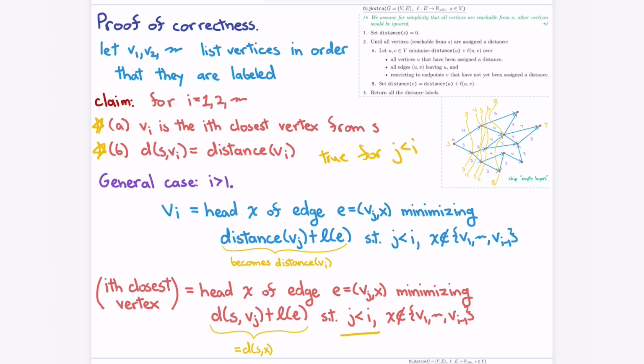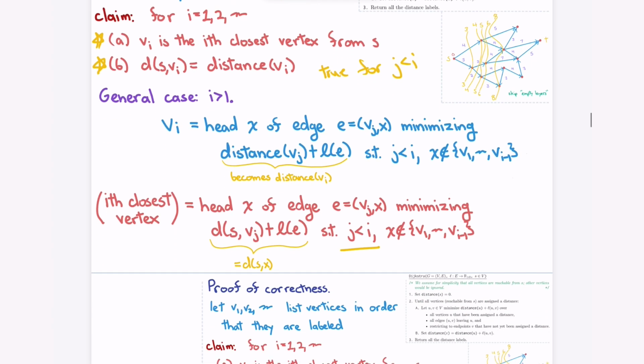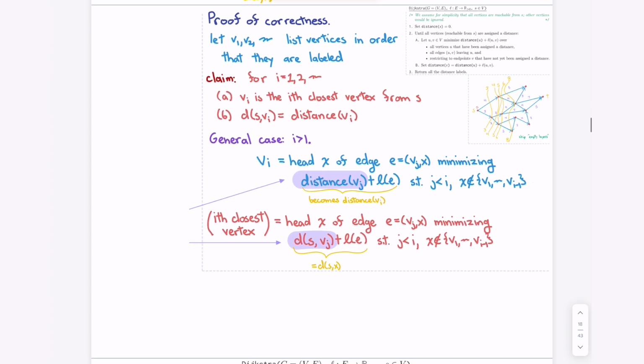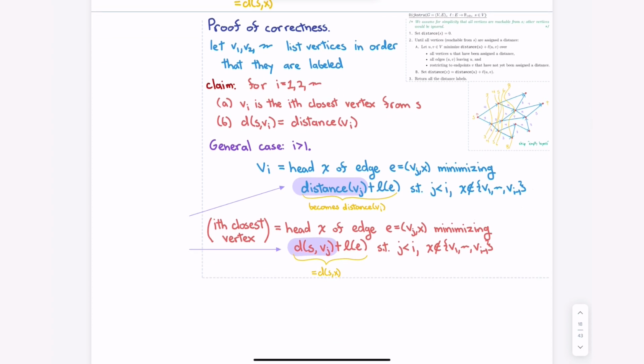Okay, now I want to show that the algorithm is correct for i. Okay, so what's the key point? The only real difference between these two definitions is distance Vj and ds Vj, where ds Vj is referring to the true distance, and distance Vj, maybe it's not the best notation, is referring to the label assigned by the algorithm.